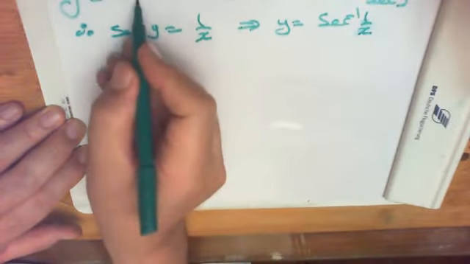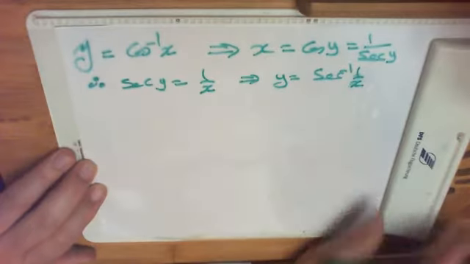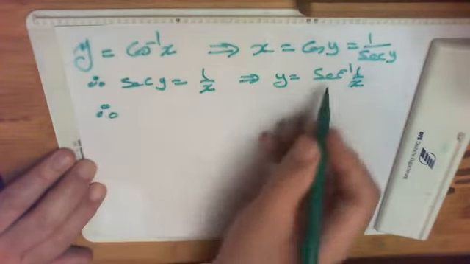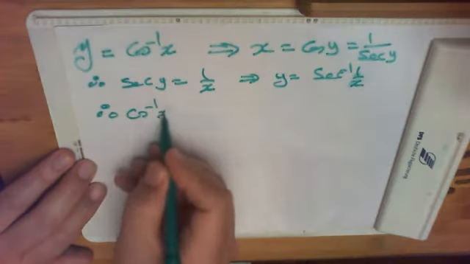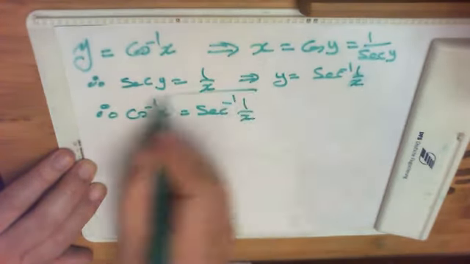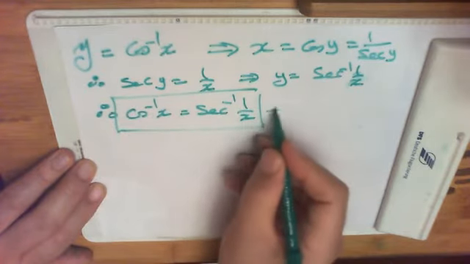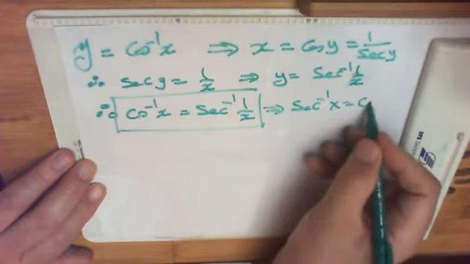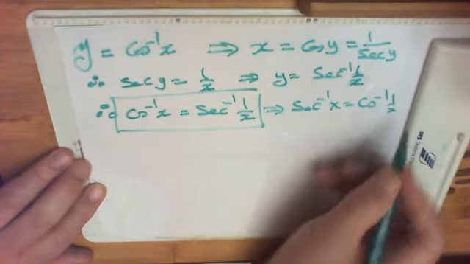But y is cos⁻¹x. Therefore, cos⁻¹x equals sec⁻¹(1/x). And vice versa, sec⁻¹x equals cos⁻¹(1/x).